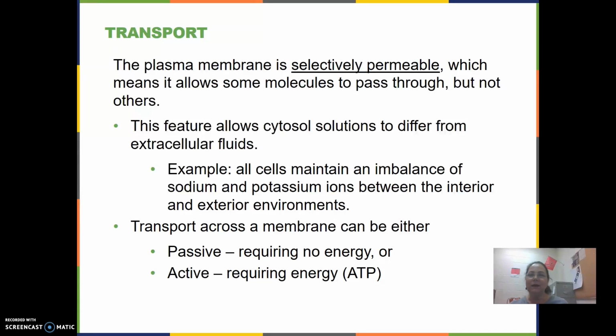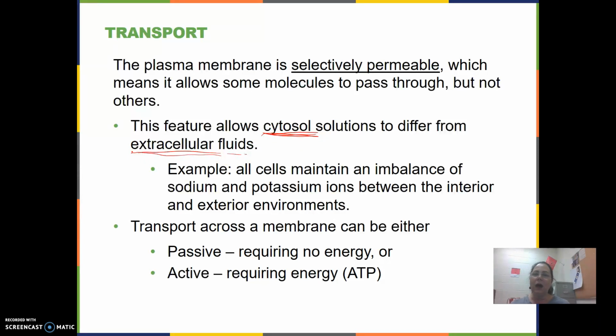That means it allows some molecules to pass across it, either into or out of the cell, but other molecules it doesn't allow to pass. So this feature allows the cytosol to differ from the solution outside the cell, the extracellular fluids.